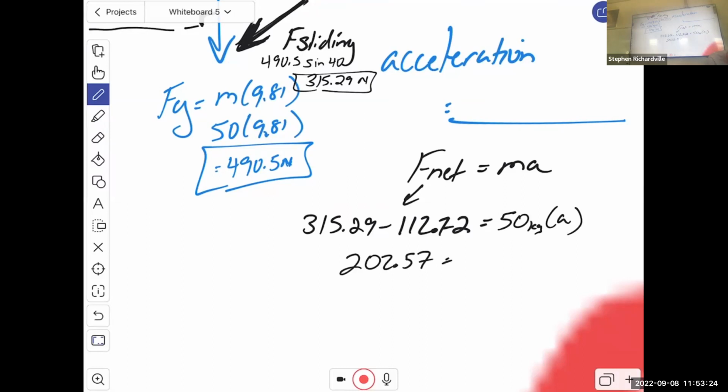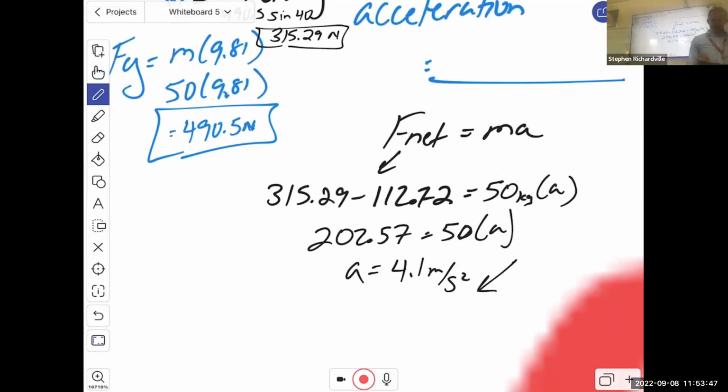That's making the 50 accelerate. I certainly hope I get less than 9.81 because 9.81 means I'm in free fall. Can't really be bigger than 9.81 here because there's no other forces acting other than gravity. But you can see the acceleration is going to be around 4.1. It is a vector. You could just say down the ramp.